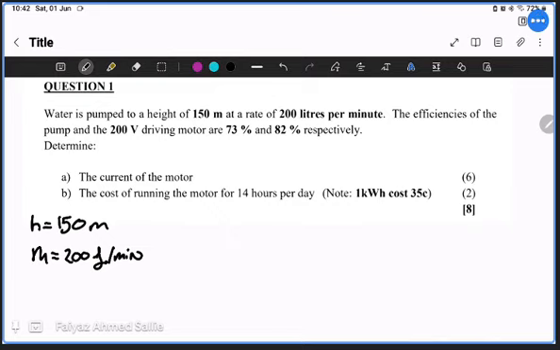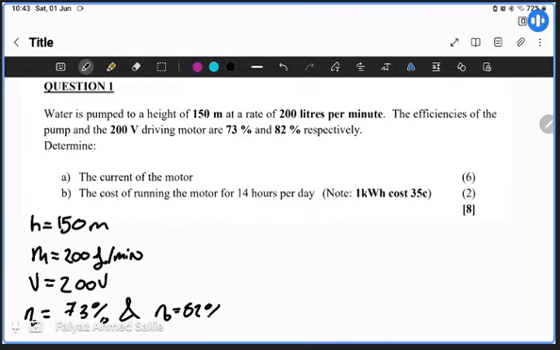And we have an efficiency. Okay, we have a motor. So we have a motor of 200 volts, and the efficiency of 73%, and an efficiency of 82%.